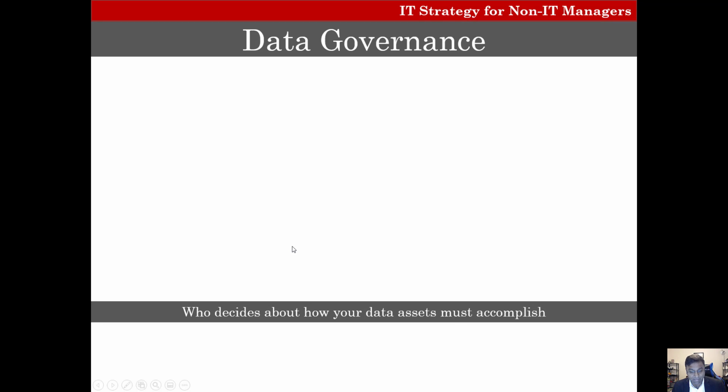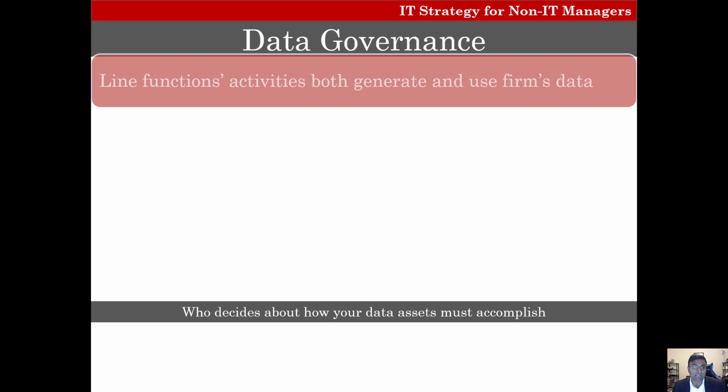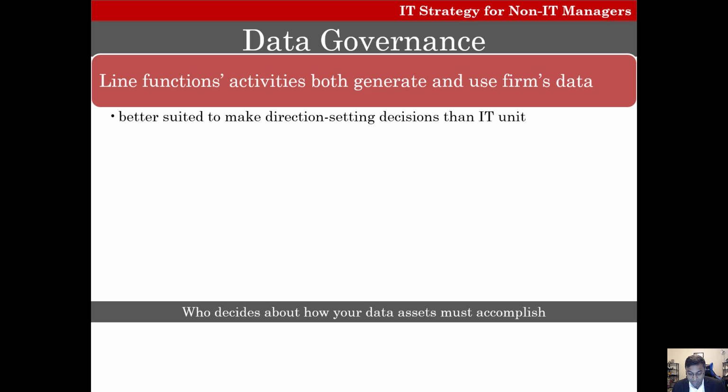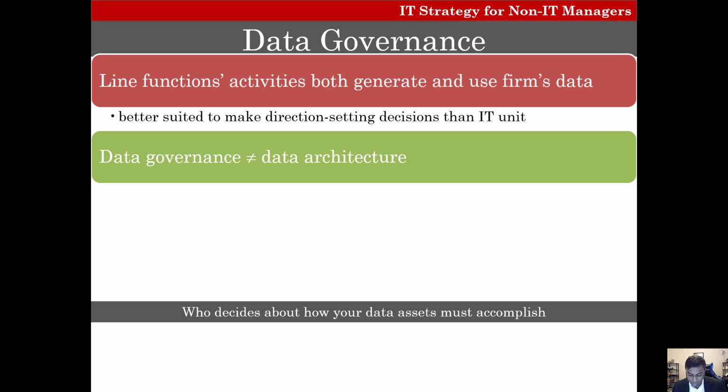And then we finally come to data governance, and this is about whether the IT or line function has the authority and accountability for decisions about what your firm's data assets must accomplish. Now, line functions' activities both generate and use the firm's data, which means they are better suited than IT units to make direction-setting decisions about the firm's data assets.